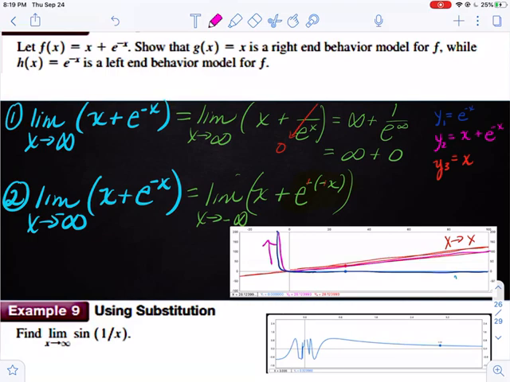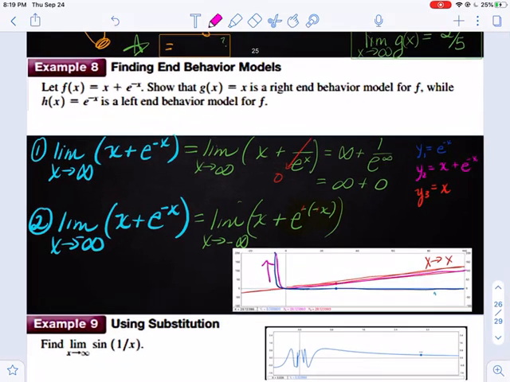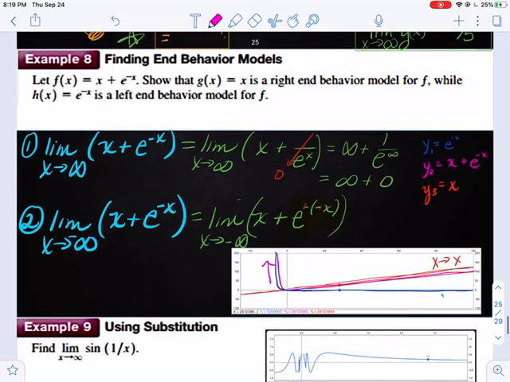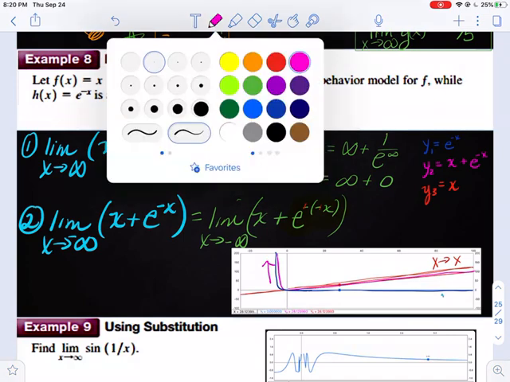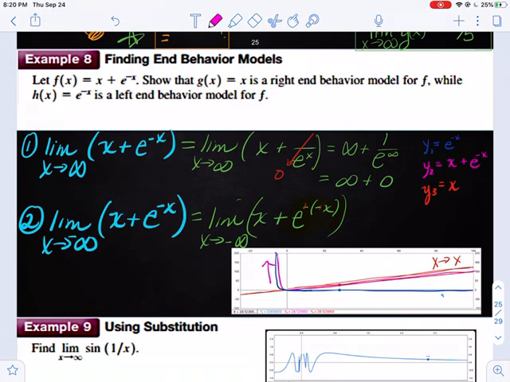So what's happening here shows that g of x equals x is the right end behavior model for f, while h of x is the left end behavior model for f. And that's because as you're going in either the positive or negative direction, one of the terms is going to be relatively ineffectual to the whole expression.